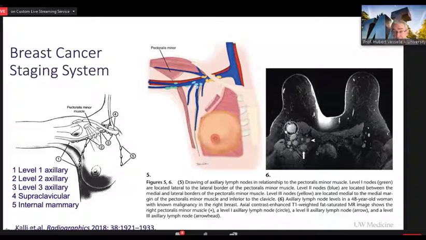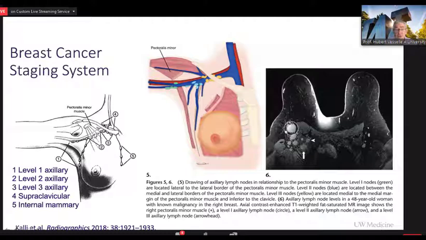And this is here an example of a primary tumor, where you see the muscle, and you see the other levels of nodes here. You see a level 1 axillary lymph node here. You see a level 2 right here, and a level 3 is the arrowhead.